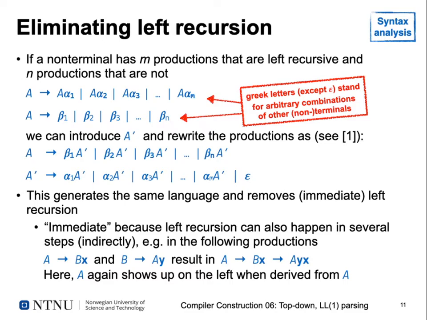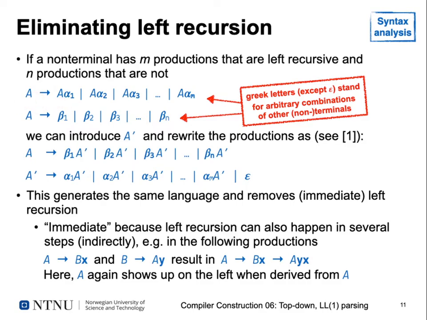You can try to check that our previous very simple example is exactly a very simple way of applying this technique. And when we apply this technique to eliminate left recursion, it generates the same language, and it has the benefit of removing this immediate left recursion. Now, what's an immediate left recursion? An immediate left recursion means that we recurse from our non-terminal symbol directly again to our non-terminal symbol on the left-hand side.